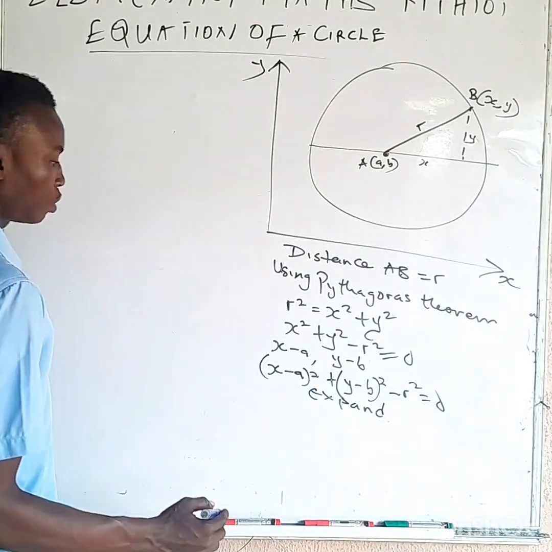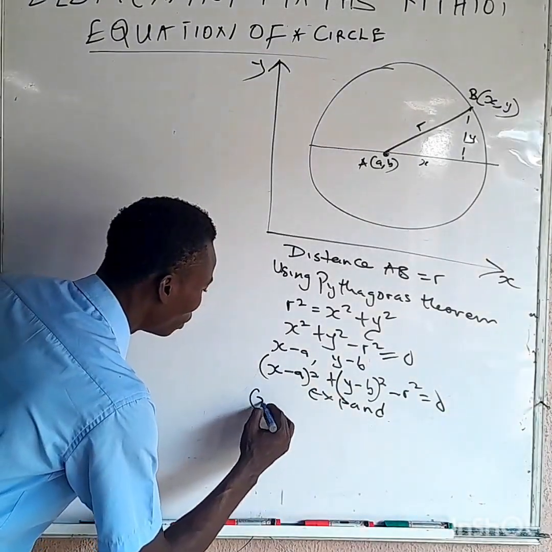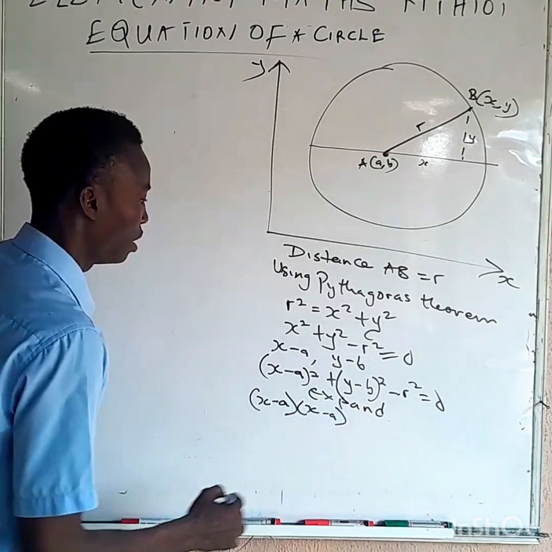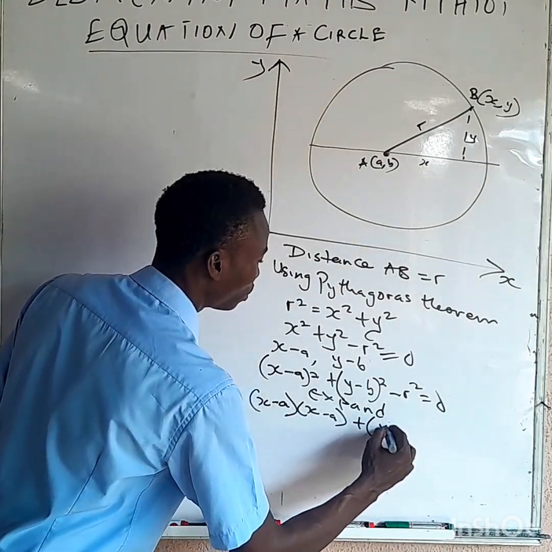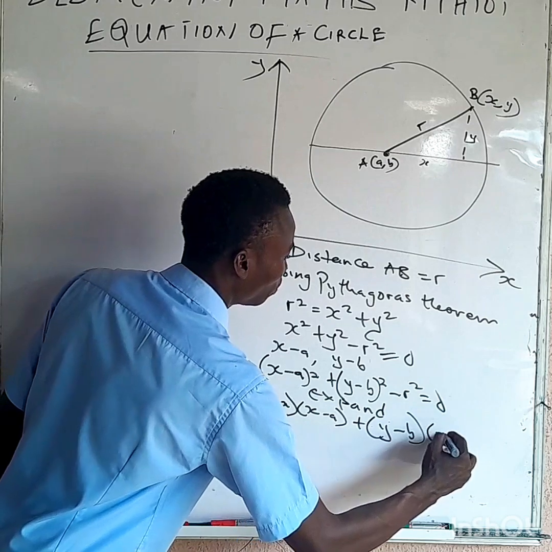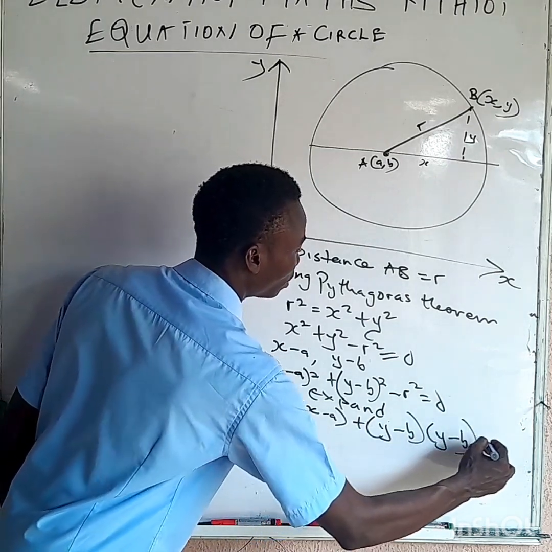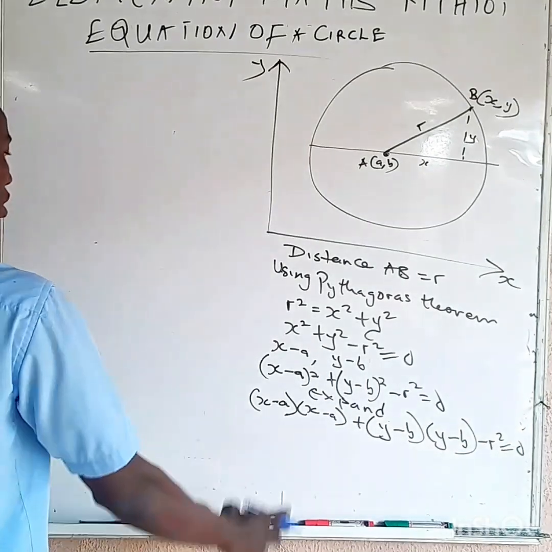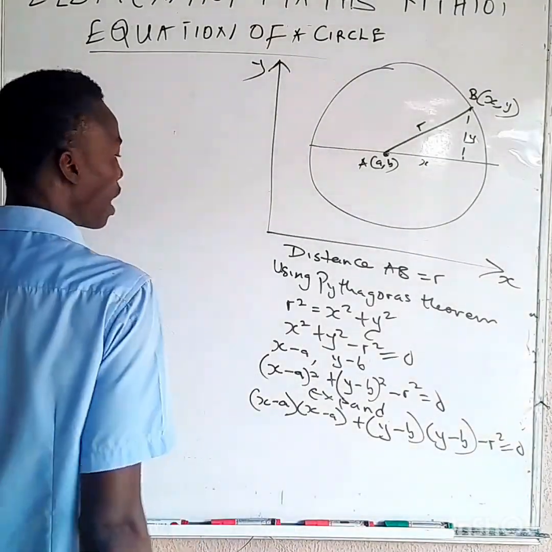When you expand this expression, what will happen? It will give you (x minus a)(x minus a) plus (y minus b)(y minus b), minus r squared equals 0.